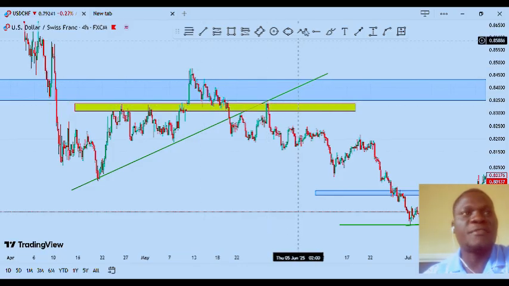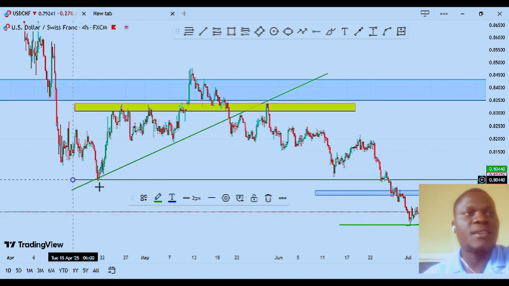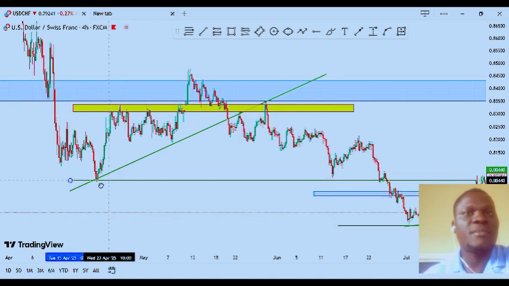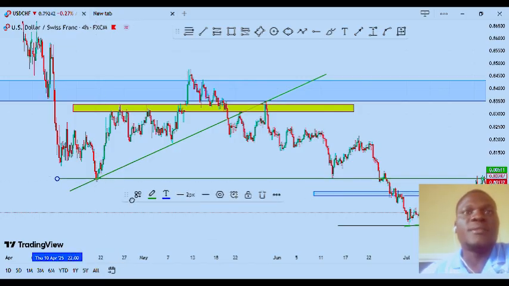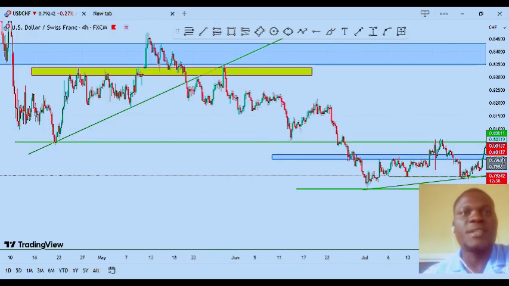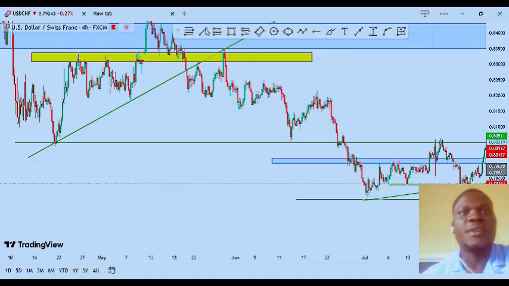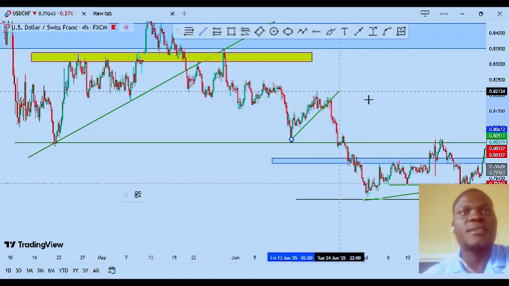I aim for my first profit target somewhere here. I was able to jump in again at a breakout of this other inner trend line, right?